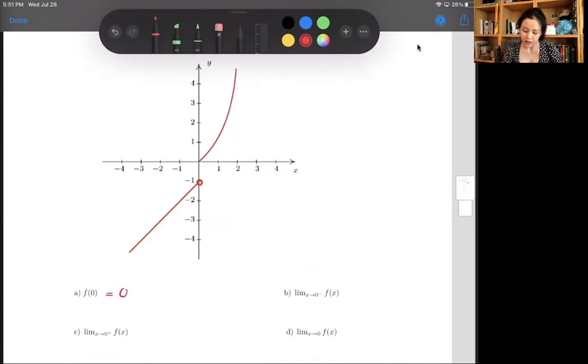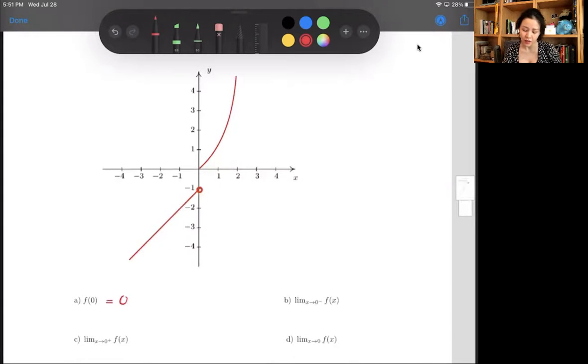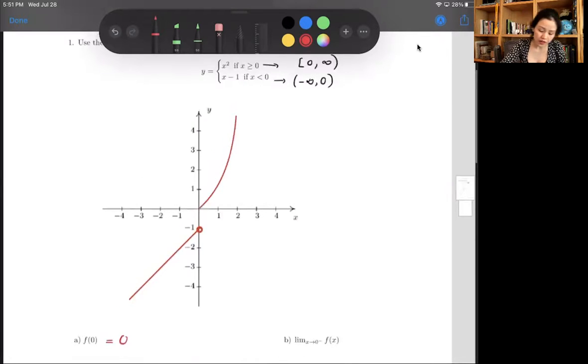Part B is finding the limit as x approaches 0 from the left of f of x. Where is 0 from the left? If I approach 0 from the left, I get closer and closer to 0, but not quite 0.